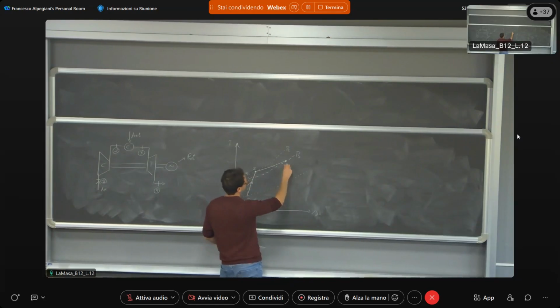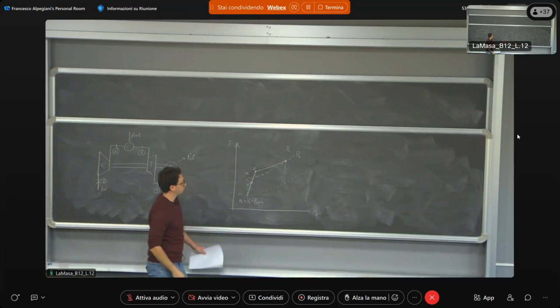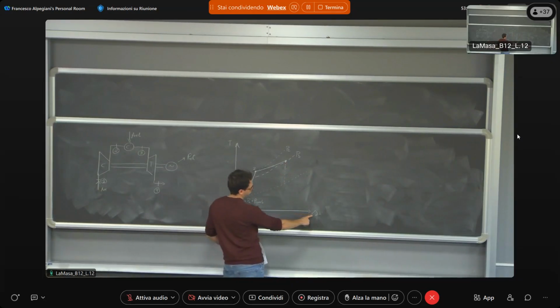With an isentropic expansion, we will have a vertical line, as in the case of the compressor, for which we do not create any entropy, but this is what ideally happens. So this is point 3, and this will be point 4s.